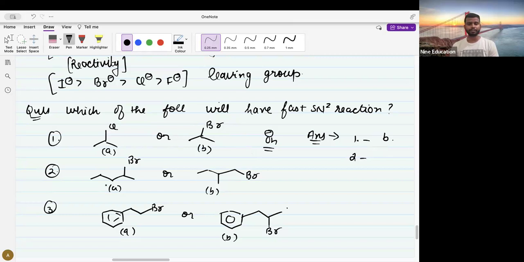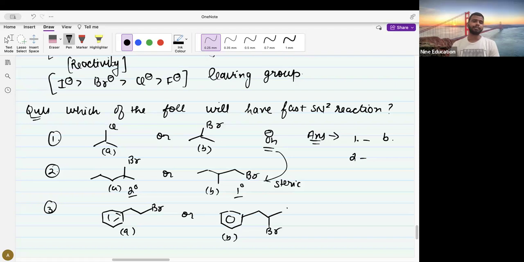Second one, answer check. This is a 2 degree alkyl halide, this is a 1 degree alkyl halide. So always remember you have to see steric hindrance in the substrate. In both we have bromine, so it has the same leaving group. So it depends upon the substrate.